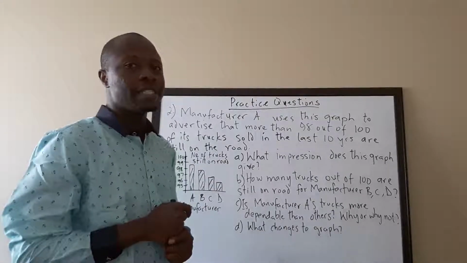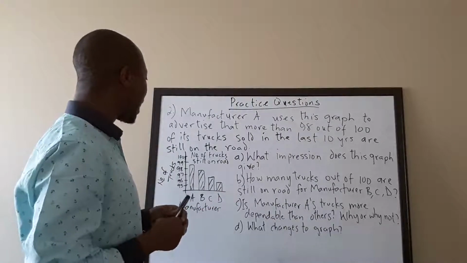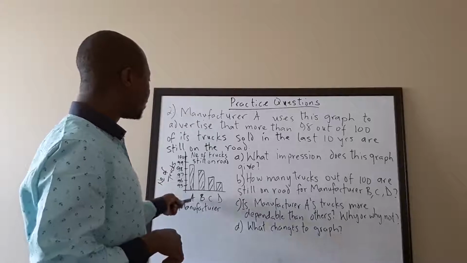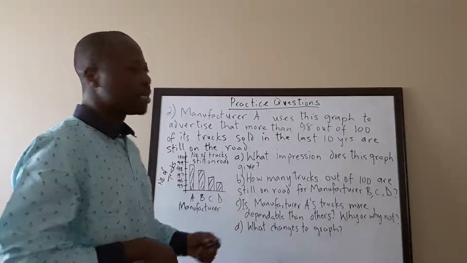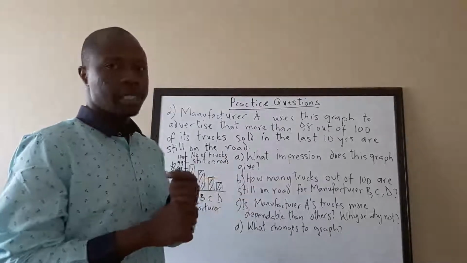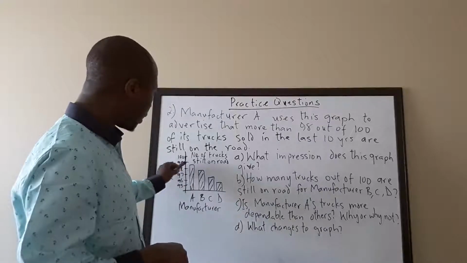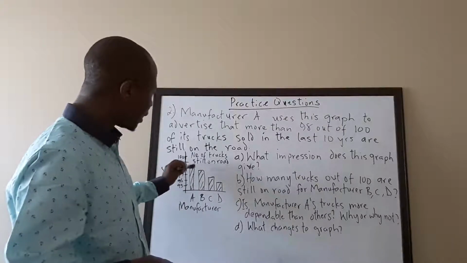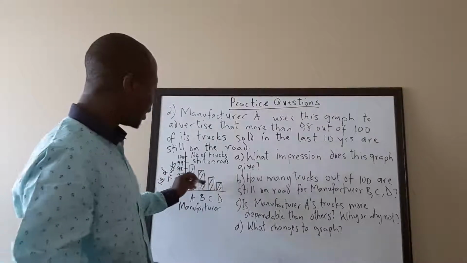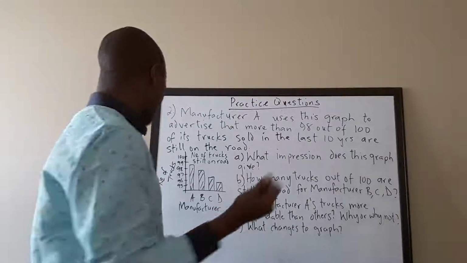Unfortunately, this graph is giving a wrong impression. It gives the impression that manufacturer A's track record is much better than B, C, and D, just from the height of their own bar, because this one is much higher than B, C, and D. So that's the impression that they are giving.